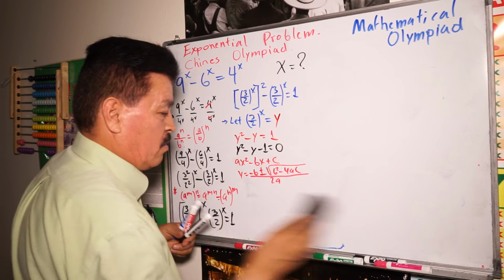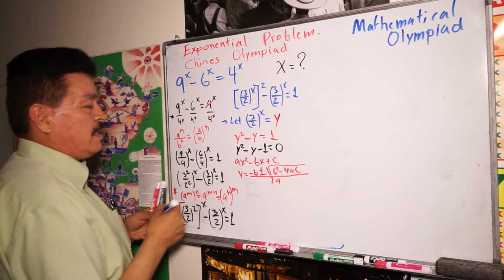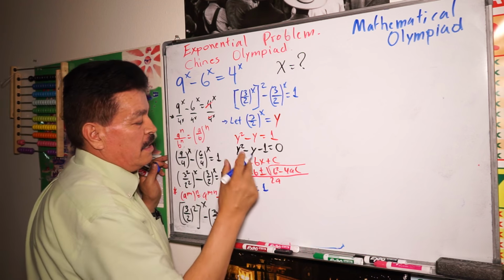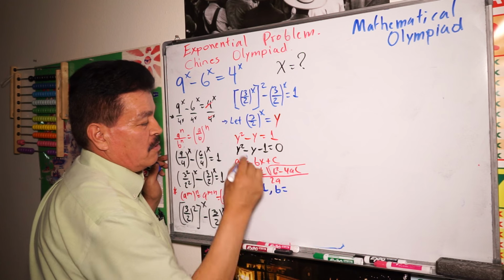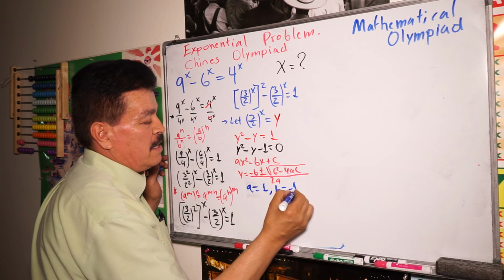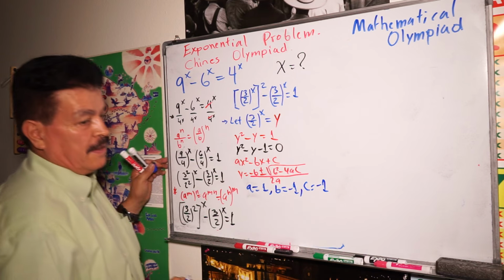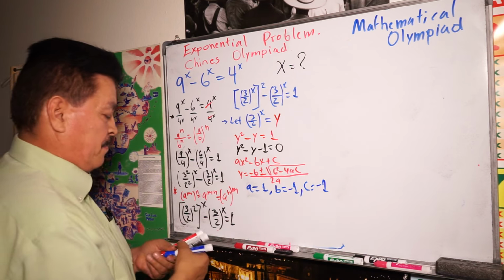Okay? In this case we have a, let's use a different color here. How much is a here? This a equals 1, b equals negative 1, and c equals negative 1. Right? So simplify the formula.